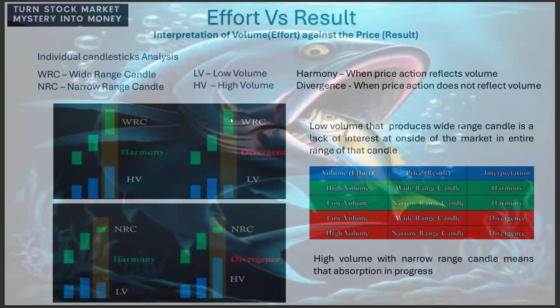That means there is not much supply here. The market goes so quick for the price to absorb that supply. So that means even the low volume, I can produce a high price swing. Okay, so that's the divergence we are seeing.